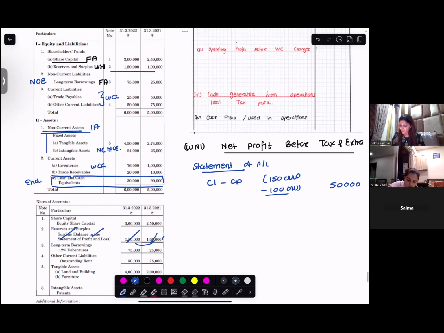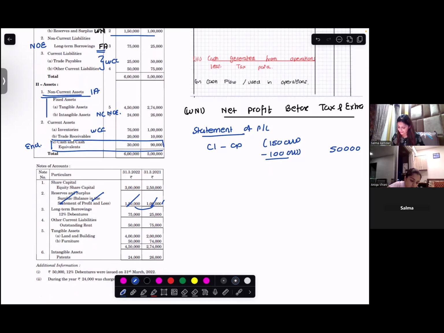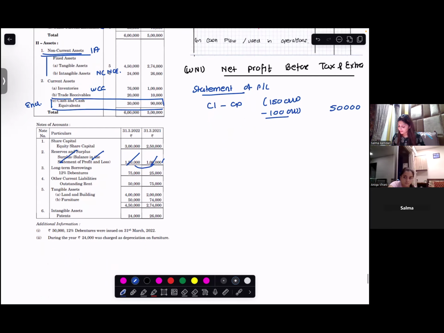Long term borrowing, which activity? Financing. I don't want to make the financing activity; suppose I had to, I would write it there. Other than that, this percentage is given, so interest on debentures is going to be added to non-cash non-operating.